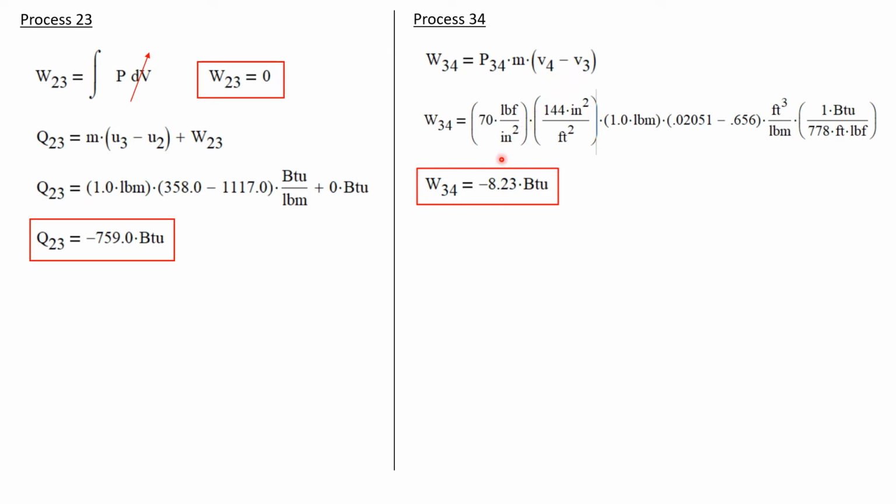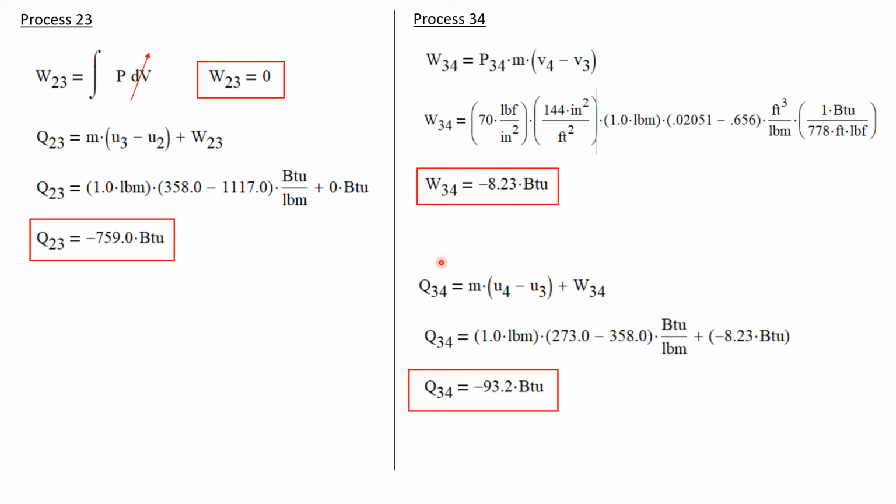So we have a pressure of 70 psi this time, and I'm going to convert pounds-force per square inch to pounds-force per square foot. We have a mass of 1 pound mass. We have a value for V4 and a value for V3. And again, I'm going to convert foot-pounds-force to BTUs. For process 3-4, I calculate a work value of minus 8.23 BTUs.